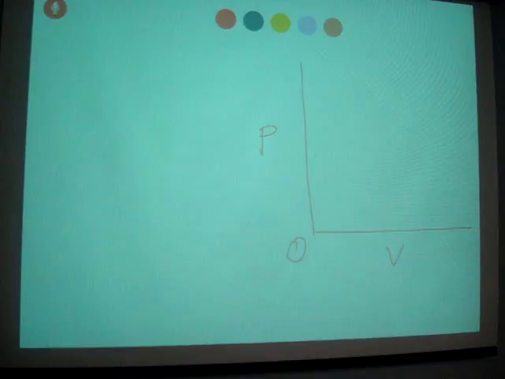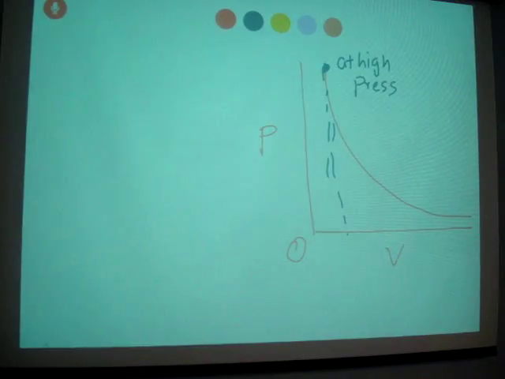It looks like that, because you can see at high pressure the volume is small, right? And at low pressure the volume is higher, right? So that's an inverse relationship.